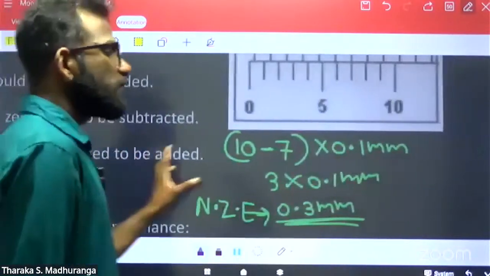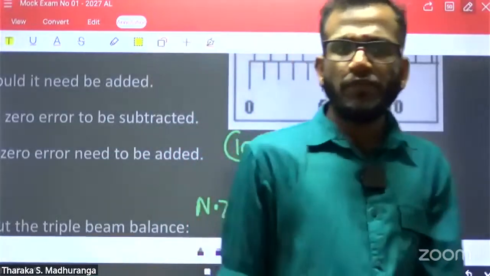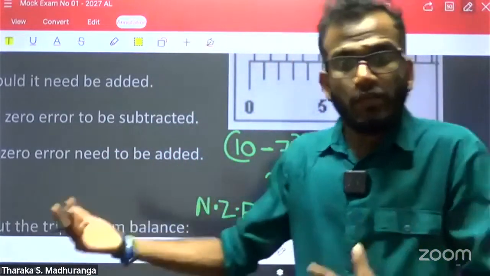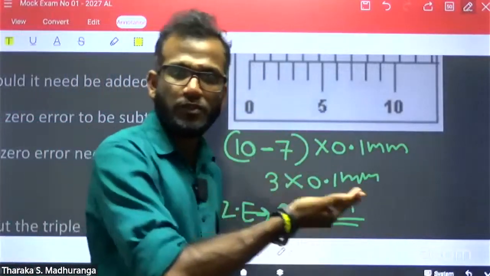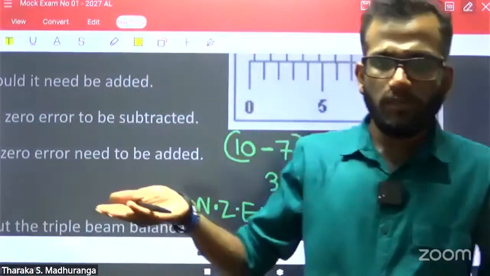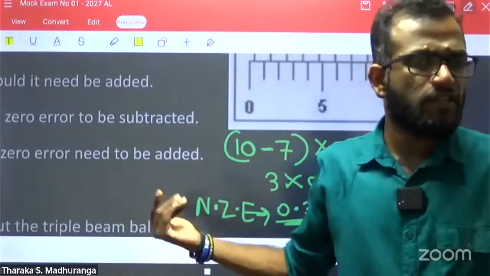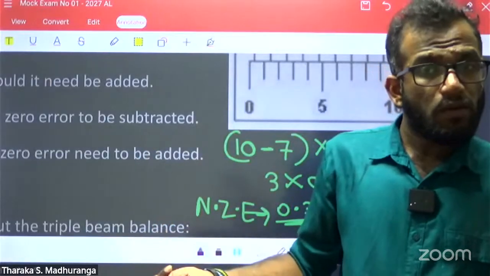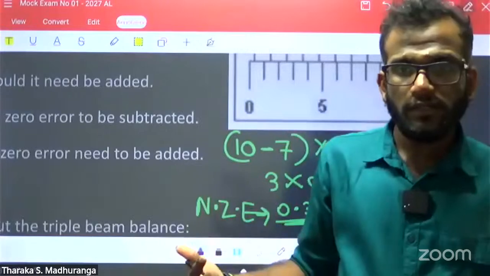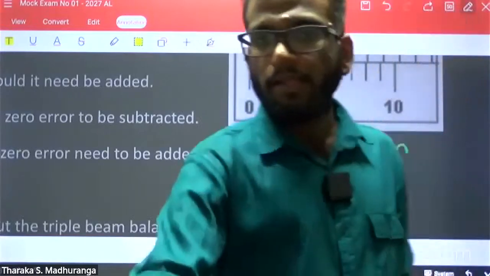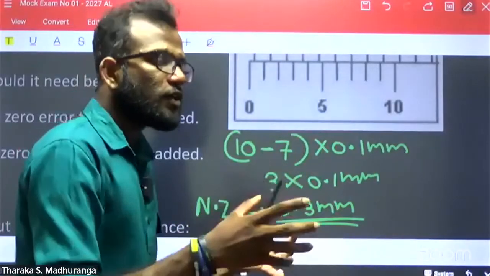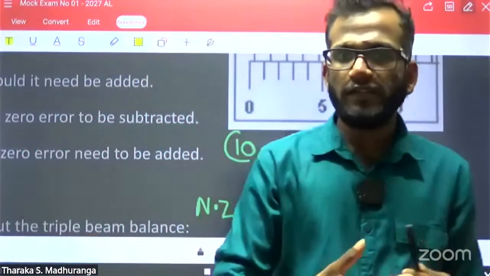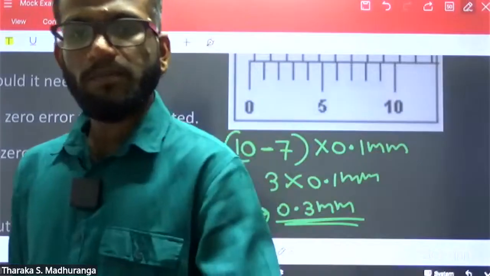Then it is a negative zero error. To get the accurate measurement, if you got a measurement using an instrument with this type of error, how do we get the accurate measurement? By adding or subtracting this error? Very good, by adding. Why? Because it is a negative zero error. What is the reason for a negative zero error?